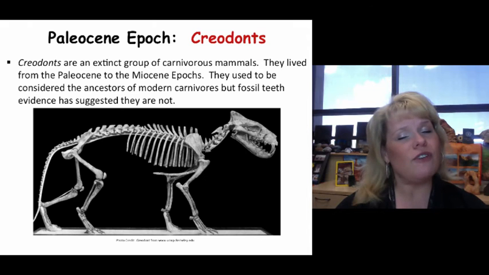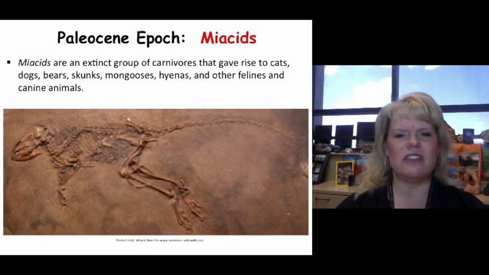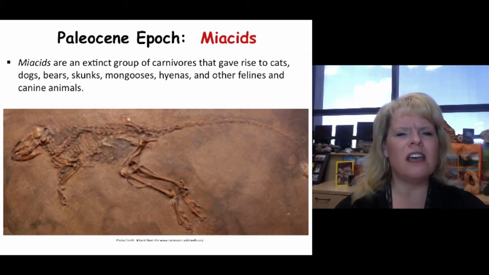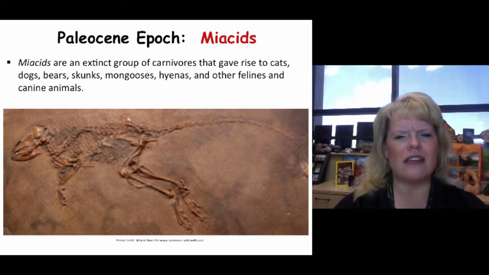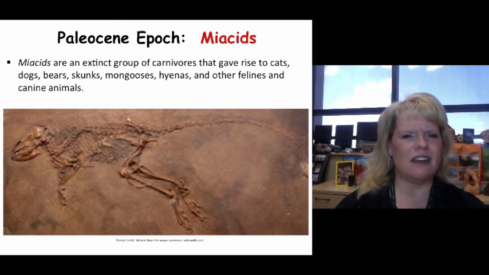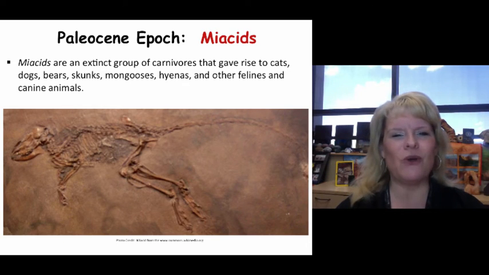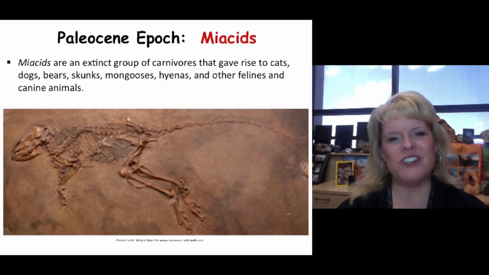So these are carnivorous animals for sure, but they are not the direct lineage. Miacids, however, are. These are an extinct group of carnivores that gave rise to cats, dogs, bears, and skunks. So you would expect to have seen them, even things like mongooses, hyenas, and other feline and canine-related families of these particular guys. So these were the extinct ancestor group to what you would think of as carnivores today.